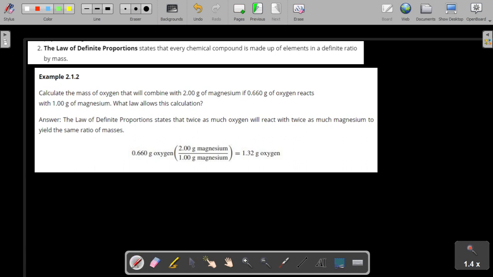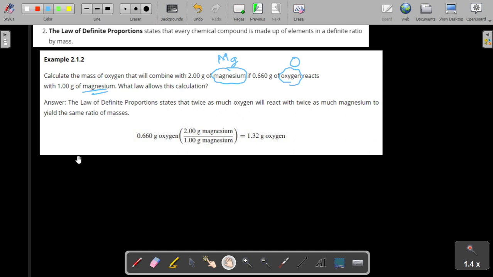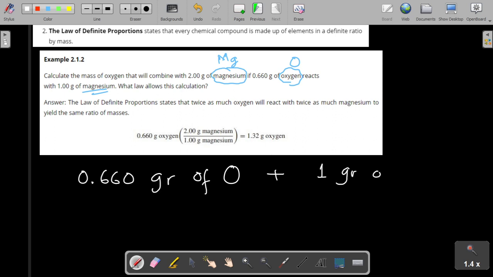So we have magnesium here, Mg. 0.660 gram of oxygen reacts with 1 gram of magnesium. So we have the information that 0.660 gram of oxygen will react with 1 gram of magnesium.